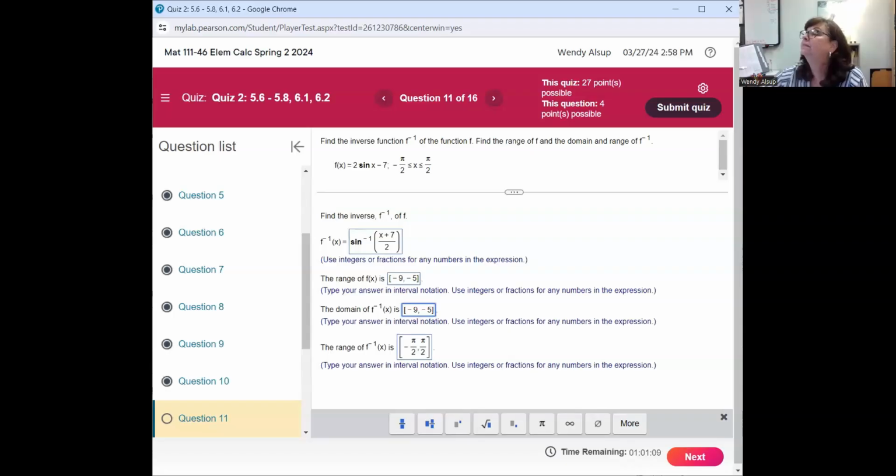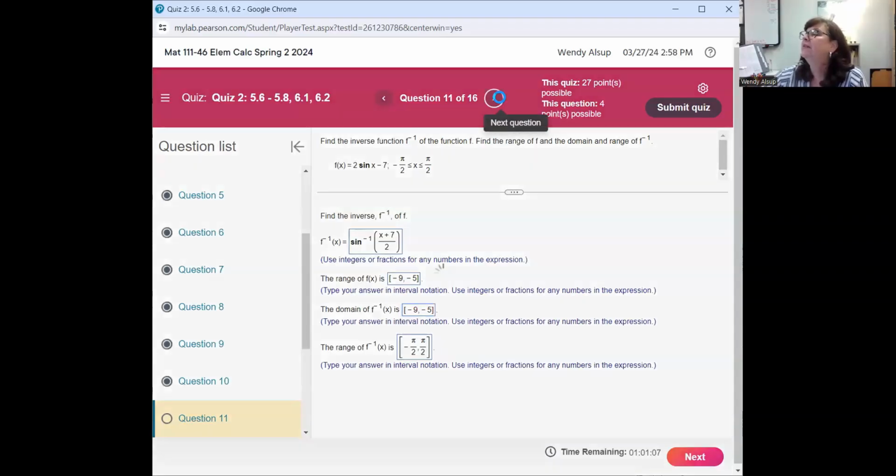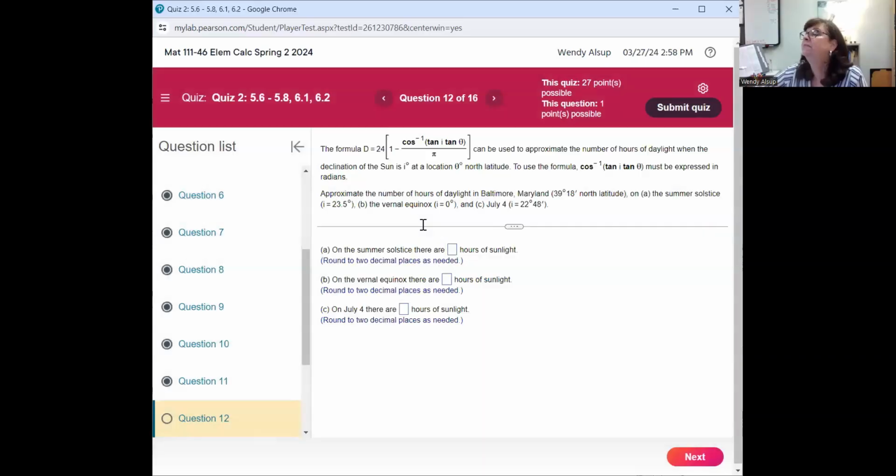All righty. Number 12. Number 12 at first seems like a doozy. It is not a doozy, but let's work through this one together. All right, the formula D equals 24 times 1 minus the inverse cosine of tangent I tangent theta all over pi can be used to approximate the number of hours of daylight when the declination of the sun is I degrees at a location theta degrees north latitude.